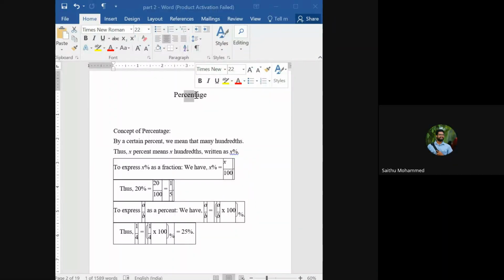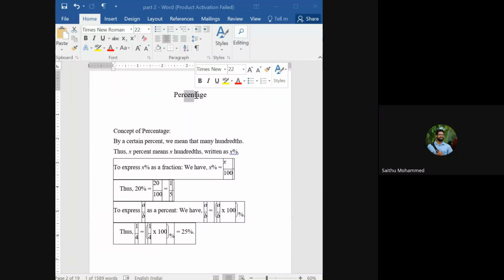If one box is removed from that room, there are only 99 items. If 100 is our target number of boxes required in that room, and only 99 boxes are there, it means only 99 percent of the boxes are there. So this is the simple logic behind percentage.